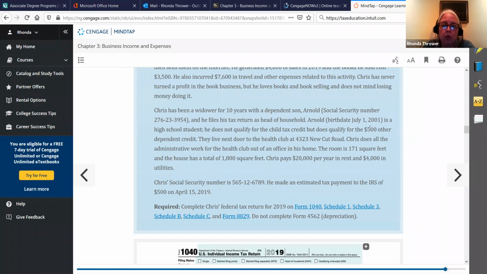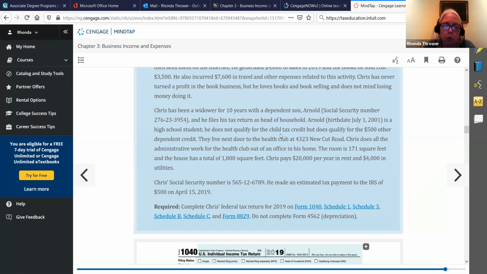Also, it's important to know how old the dependent is. And in this case, he was born in 2001. I'm assuming they're using 2020 for this. He'd be 19 years old, and he does not qualify for the child tax credit, but he does qualify for the $500 dependent credit. That's important that they gave to you.